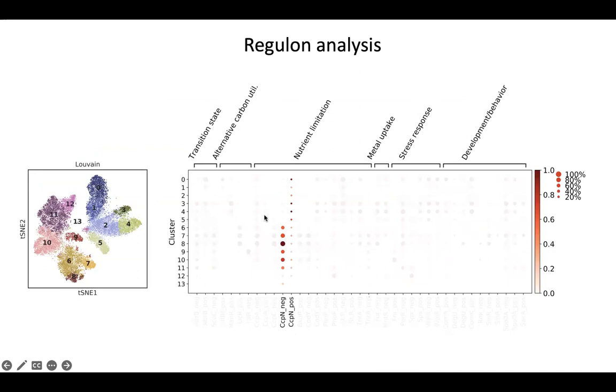So in the early growth stages, clusters 0 through 5, we can see that the CcpA positive regulon, meaning that the carbon catabolite repression is on, and the cells are growing happily and eating the preferred carbohydrates. But then around the middle point here, at OD 1.7, the cells switch it off, and then they start to explore alternative carbon sources.